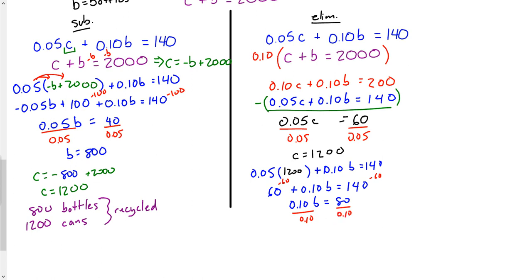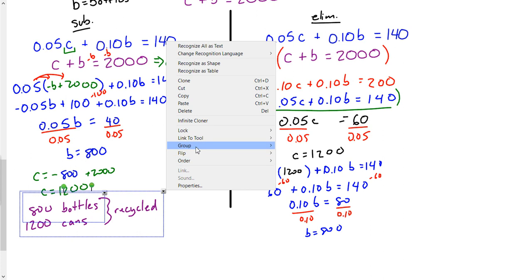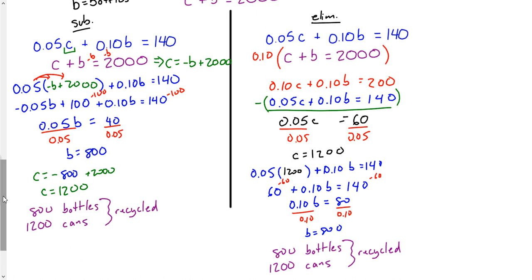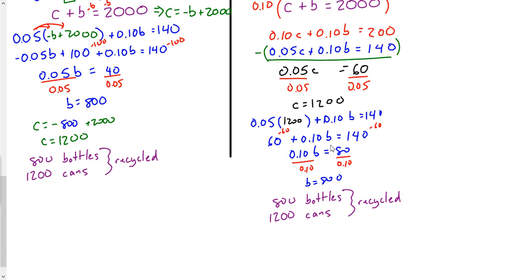Divide by my 0.10. And our b value is 800. Therefore, what we had just done over here is the exact same answer over here. 800 bottles, 1,200 cans. Both methods, exact same answer.